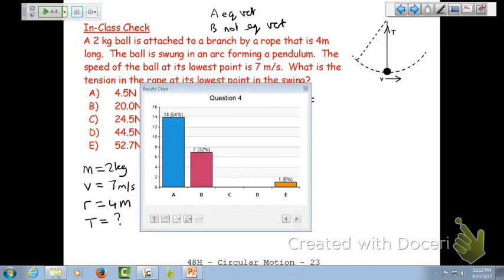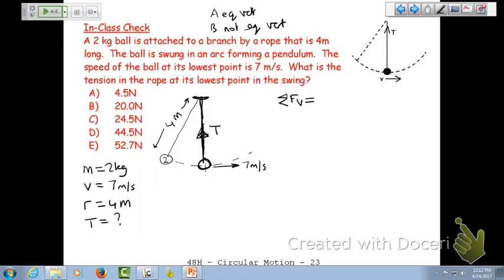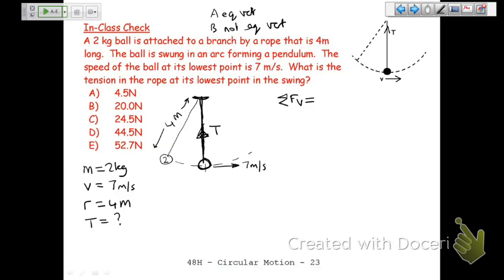There is an acceleration. It doesn't have to change. There is an acceleration because when you think about it, it's going in a circle. So I cannot be in equilibrium. Okay? I'm going in a circle. There must be an acceleration.